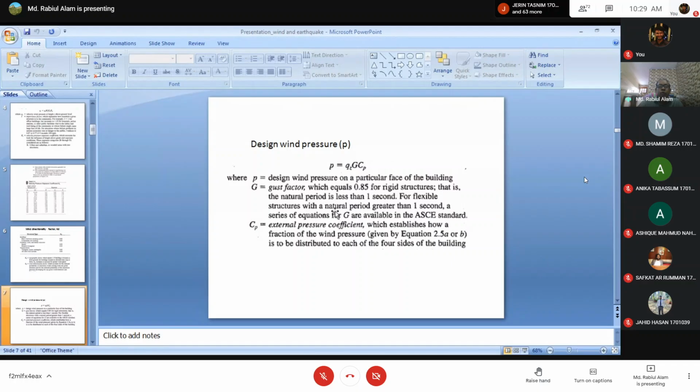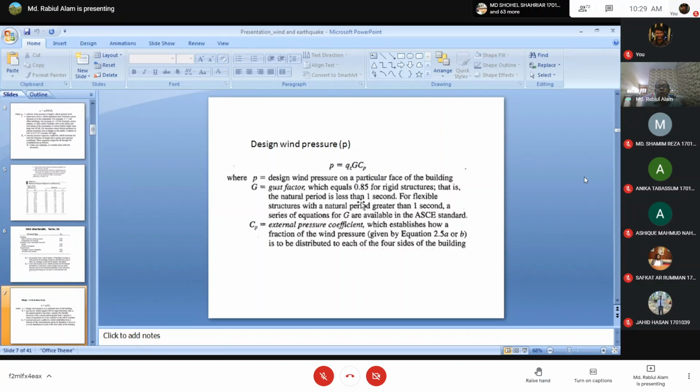Okay, so gust factor usually equal to 0.85 is considered for rigid structures. That is, the natural period is less than 1 second. So I think you don't know what the natural period of a structure is, and also I think you know what rigid structures are. So for rigid structure cases we can consider gust factor 0.85, but it's very hard to define a structure as a rigid structure.